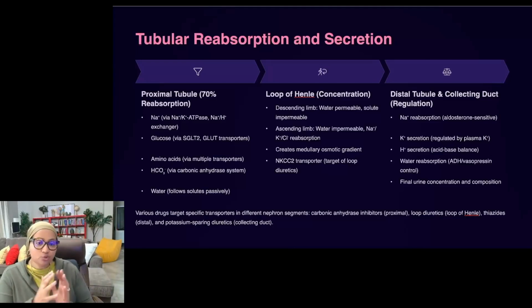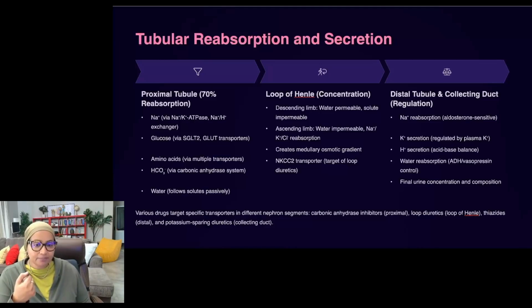And then we go to the loop of Henle, and the function of the loop of Henle is urine concentration. That's what it does. The descending limb is water permeable and solute impermeable. So here, fluids or water escapes out, but solutes stay in.